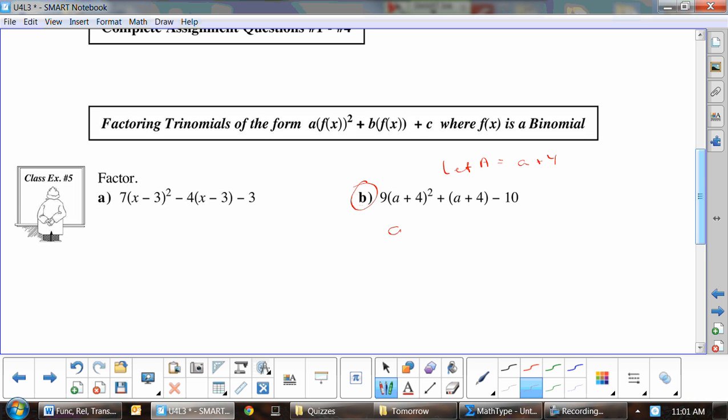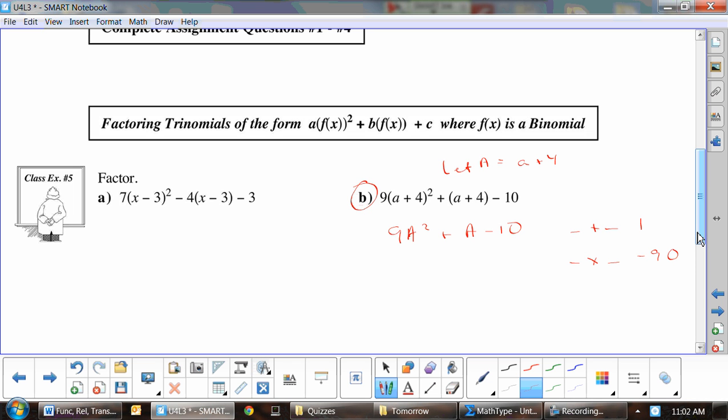So then it would be just 9a squared plus a, right? So I'd be looking for what two things add to give me 1 and multiply to give me negative 90, right?